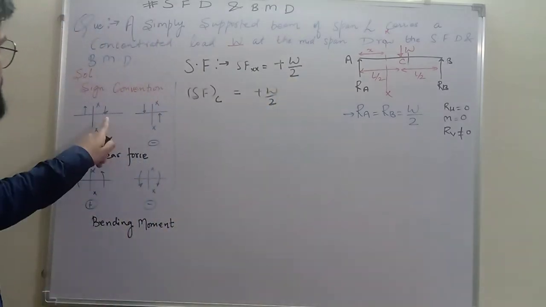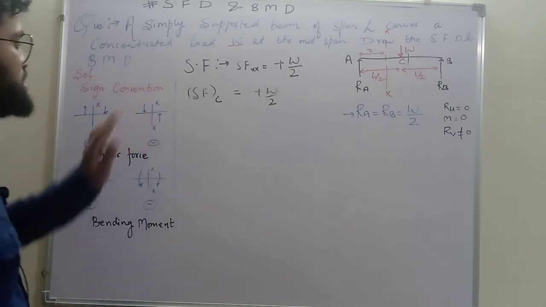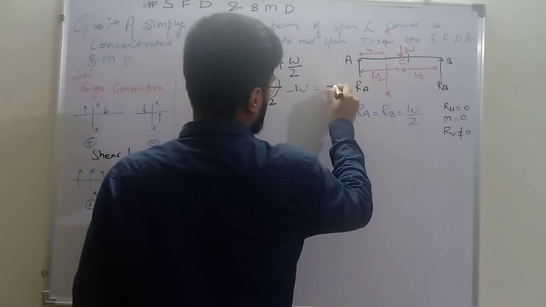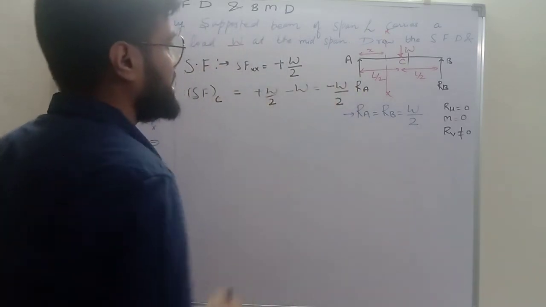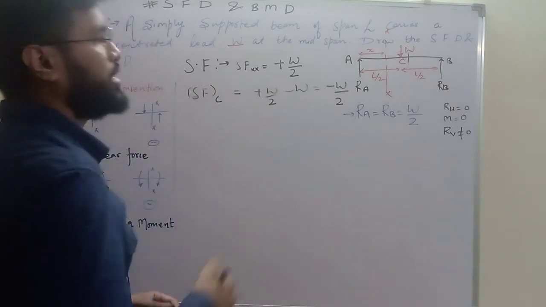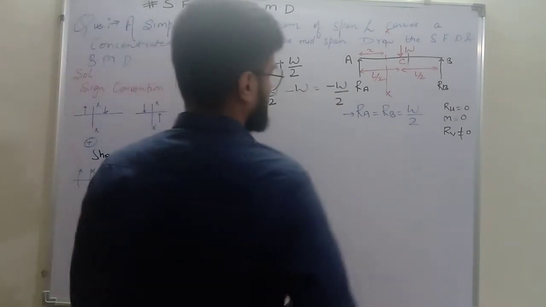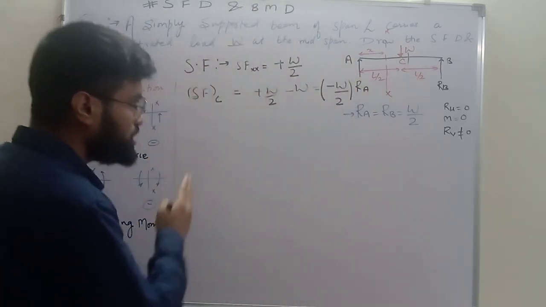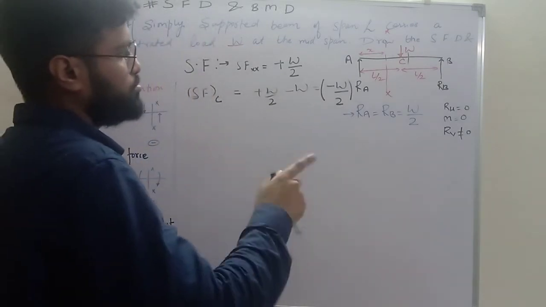According to the convention, if a force on the left side of the section acts in the downward direction, we take it as negative. So minus W, which gives us minus W by 2. So just at C or right of C, the shear force is minus W by 2, and from point C to point B it will be constant and equal to minus W by 2.